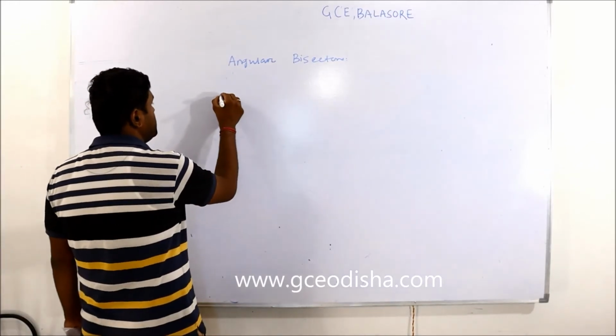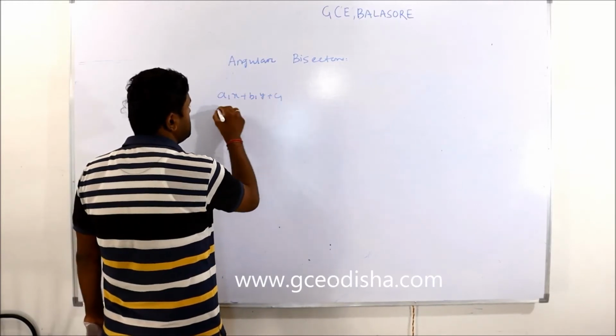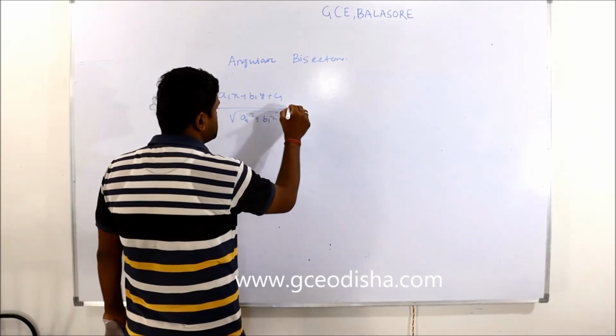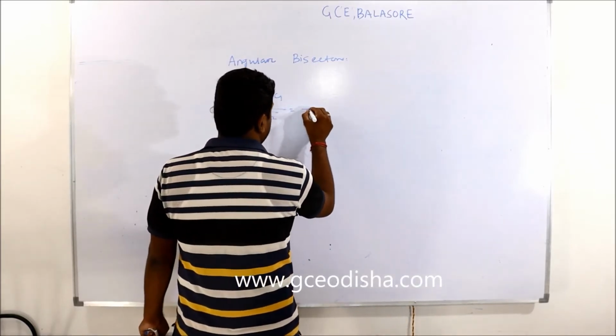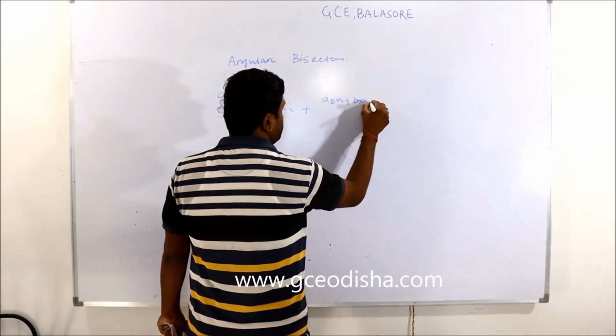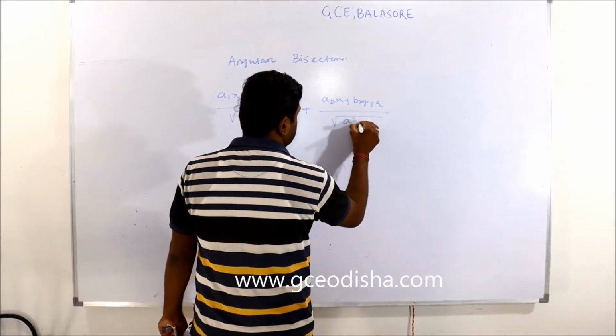And another thing there, (A1x plus B1y plus C1) whole divided by root over A1 square plus B1 square is equal to positive of (A2x plus B2y plus C2) divided by root over of A2 square plus B2 square.